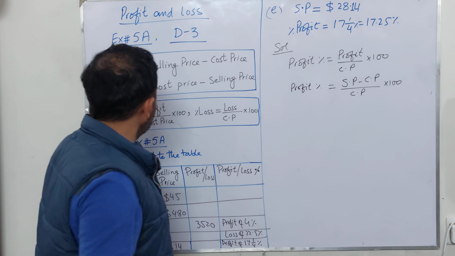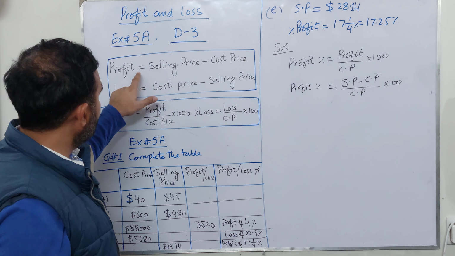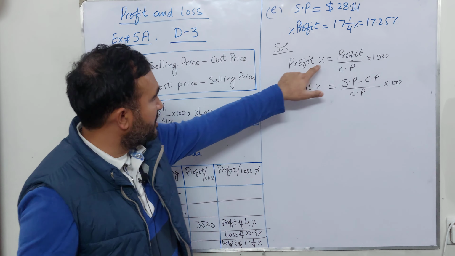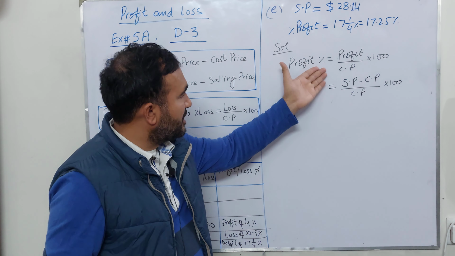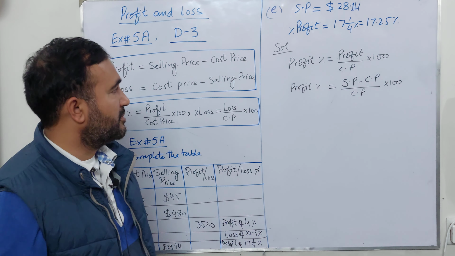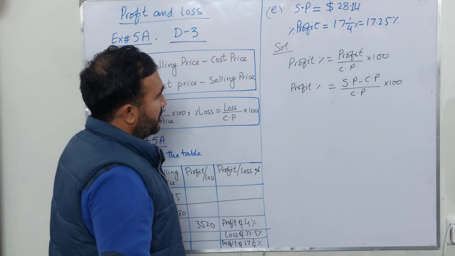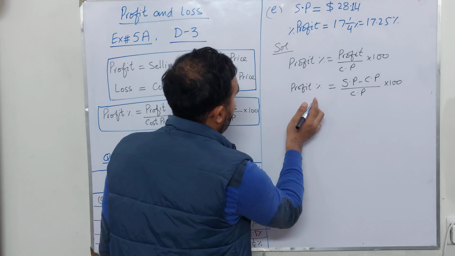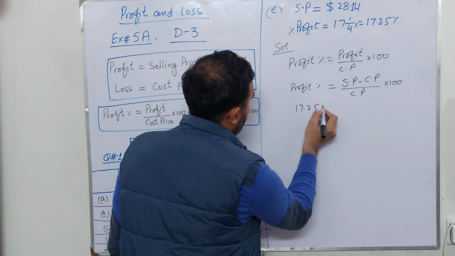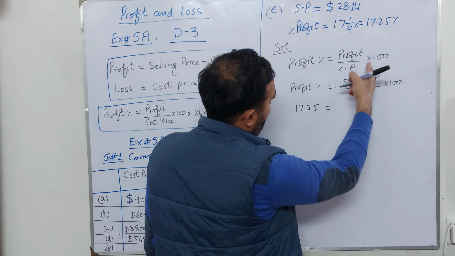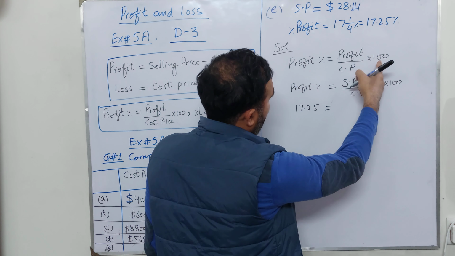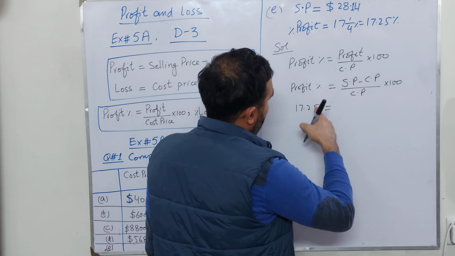So we just use these two formulas: I replace profit with selling price minus cost price, and before that I used the profit percentage formula, which is profit by cost price multiply 100. Okay, so putting value over here, profit is 17.25%, and we don't need to put that percentage over here because we are already putting this 100.